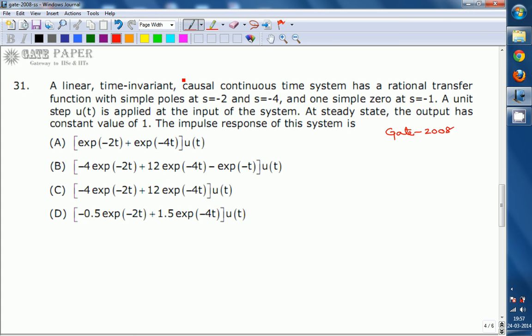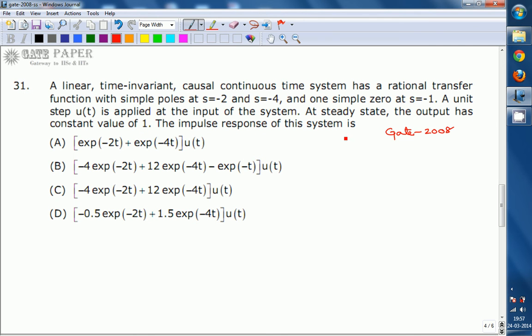A unit step u of t is applied at the input of the system. Then at steady state the output has a constant value of 1. Then we need to find the impulse response of the system here.